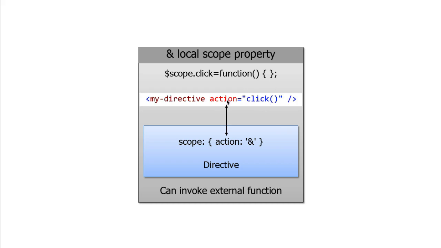Action is just an alias now for this function. And so down here in the directive, when we write code to invoke the action property, really all that's going to do is process the code up in this function. So it's a great way, when a directive is performing some type of operation, to call back out of the directive into some type of function, or to even run an expression that might be here. So let's take a look at how this one works.